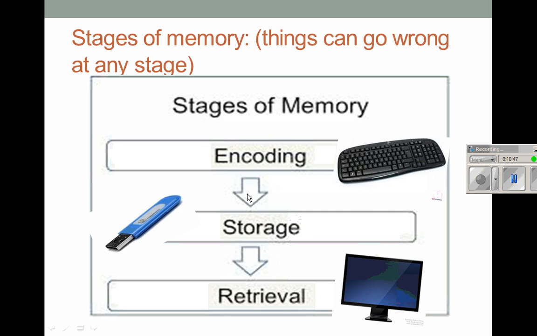And then you store it. So you save it onto your flash drive. So sensory information is coming in, going on into short-term and long-term, and that would be part of storage because it's being stored.